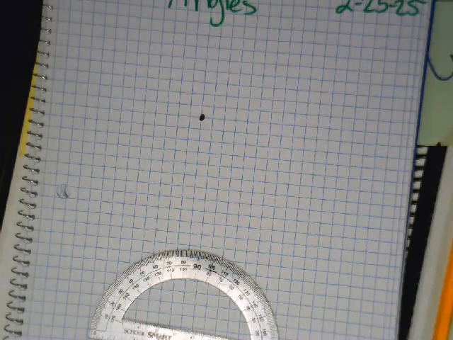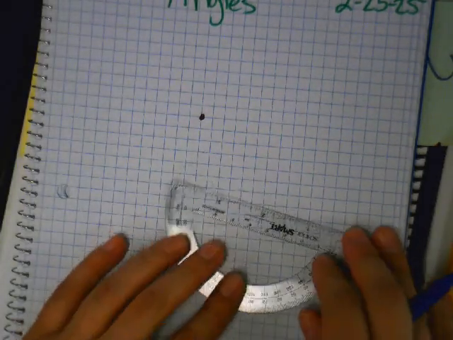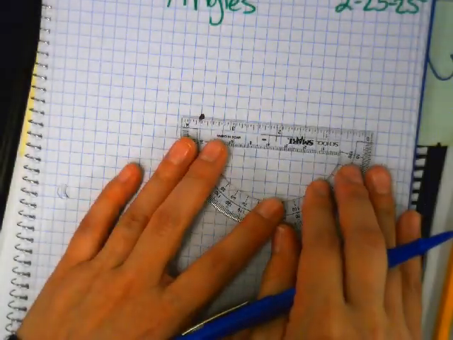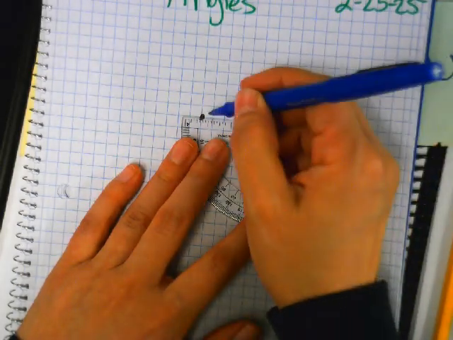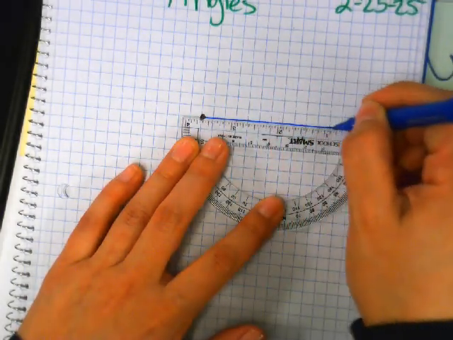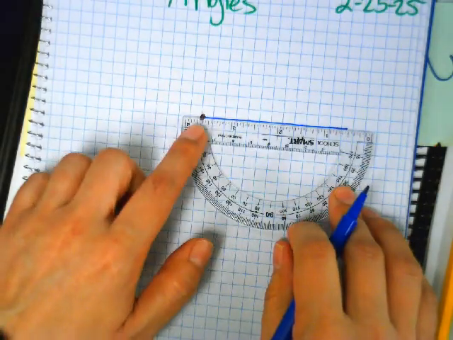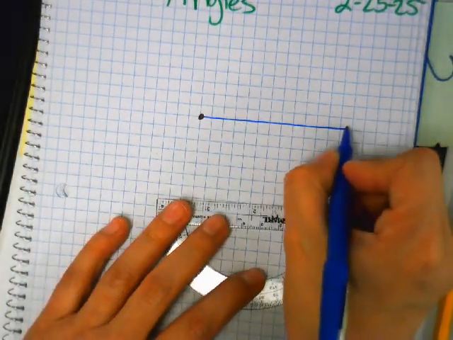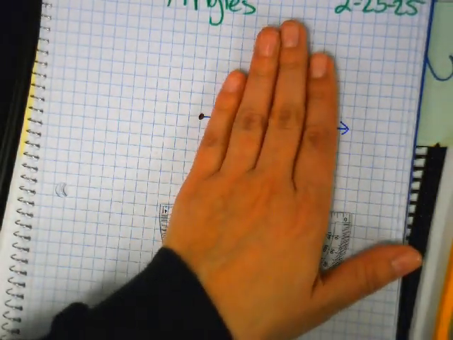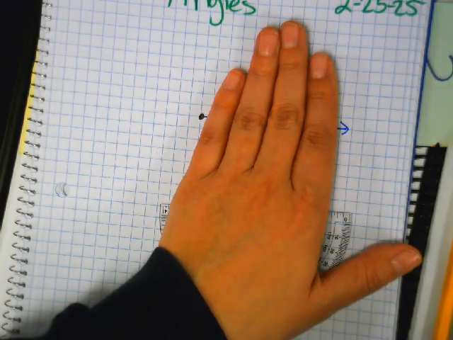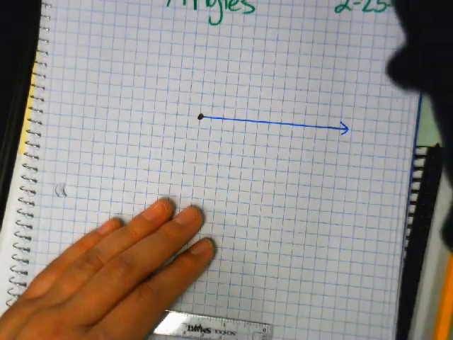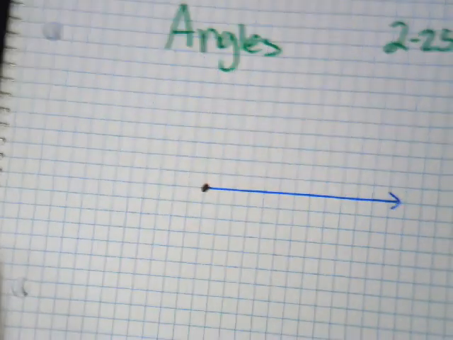Then I'm going to draw a line going to the right. So a dot, and then a pretty long line. I would say like the size of all my 4 fingers. Dot and a line.